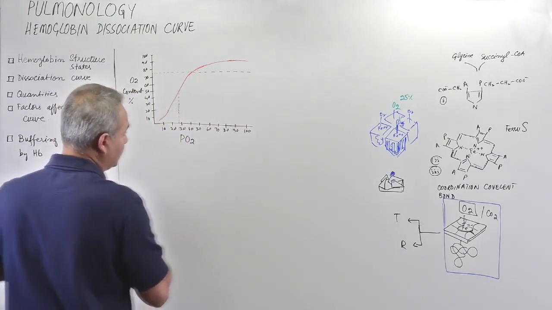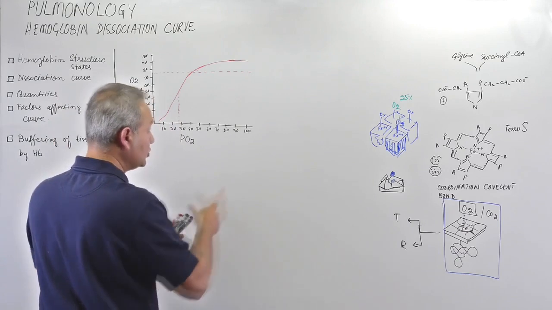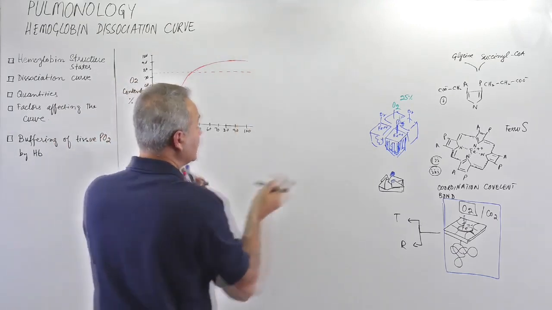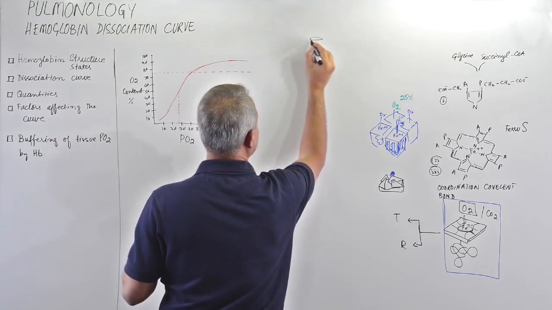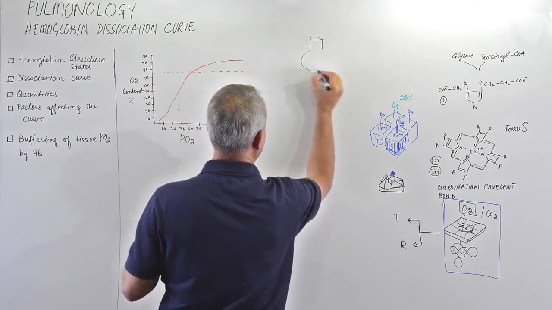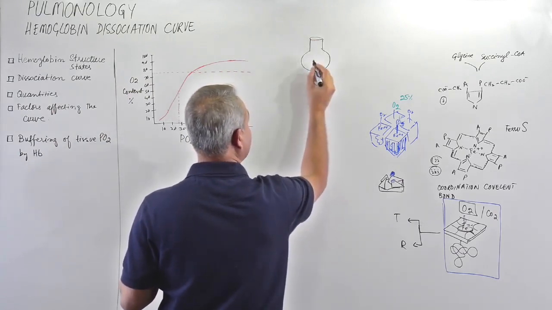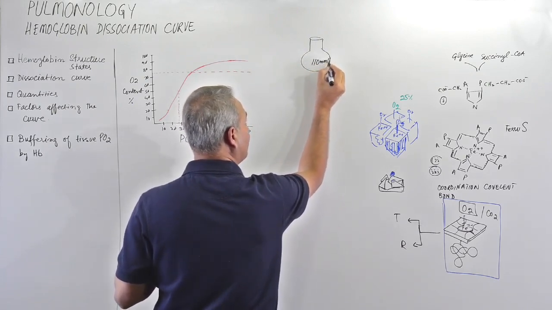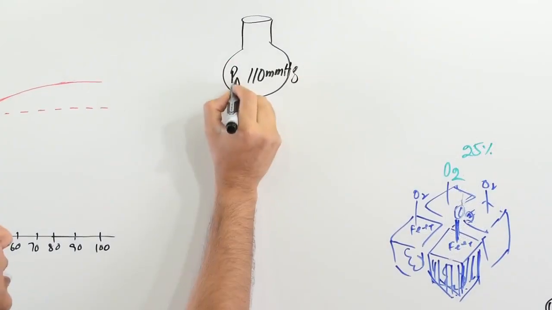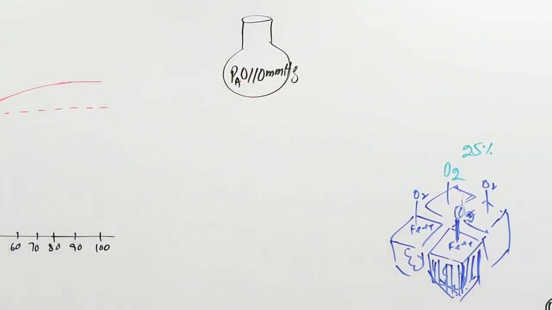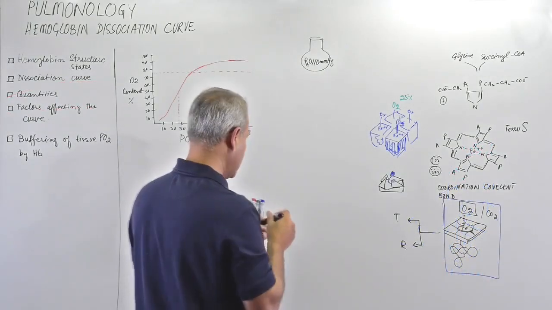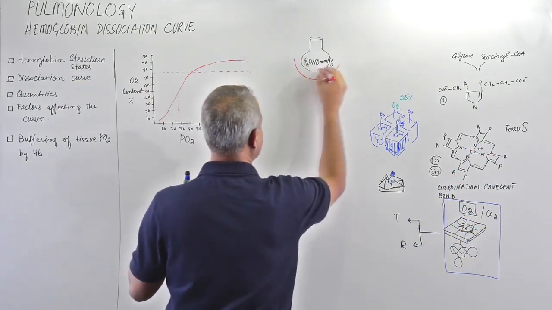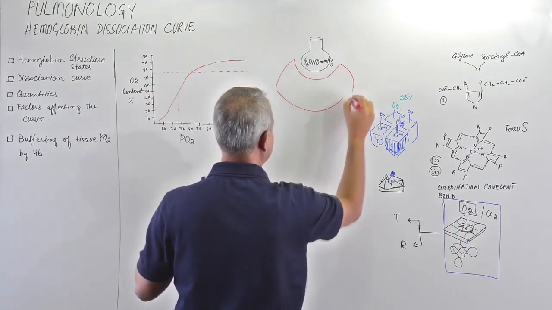So look at it this way. What is the situation in the lungs? I'll make that over here. Lungs. Remember that in the lungs, and I always represent a lung like this with one alveolus. So the lungs have, we know, the partial pressure of oxygen, alveolar PO2, of 110 millimeters of mercury. We know that. So when the blood vessel is present here, this is the blood vessel, the capillary.